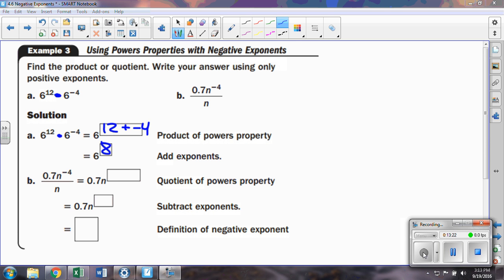On Friday, we were doing these same things before. It's just we didn't have negative numbers to add. Now we will. Similarly, on Friday, we saw division has the shortcut of subtraction of exponents. N to the negative 4 over n would be negative 4 subtract 1.